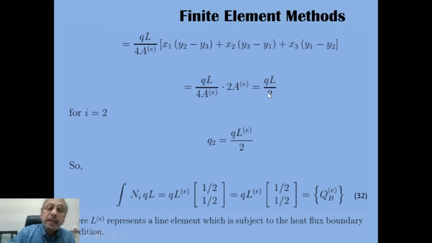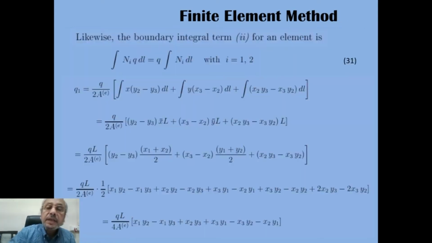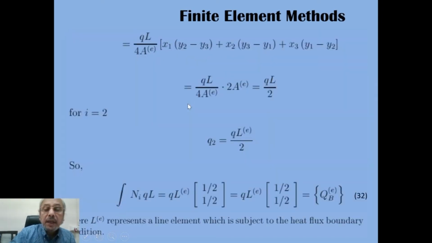Going back by one slide, next we substitute i equal to 2, so N2, and similarly we integrate the N2 shape factor over the line segment, and again we find QL, where L is the length of the line segment, divided by 2.